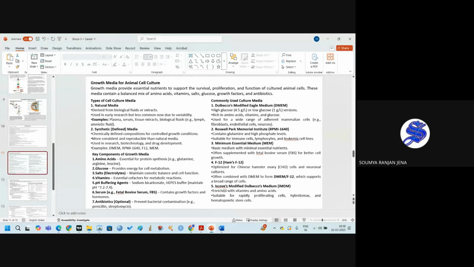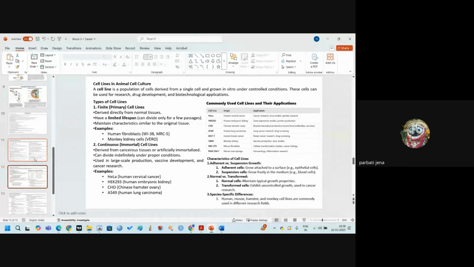Then Iscove's modified Dulbecco's medium is enriched in vitamins and amino acids, suitable for rapidly proliferating cells like cancerous cells, and hybridoma for production of different vaccines, and different hematopoietic stem cells. We use this IMDM synthetic medium.